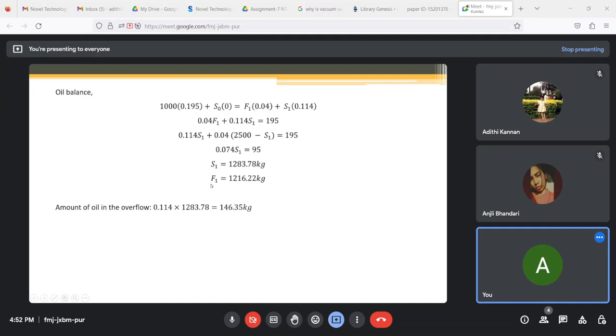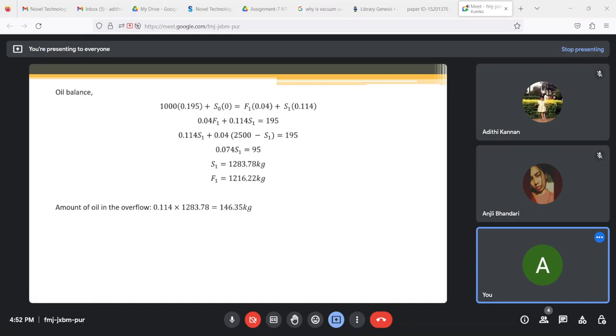So S was your overflow, F was your underflow. And since that had 0.114 amount of solute, 0.114 into S1, that is 1283.78, will give me the total amount of oil in the overflow, which is 146.35. So this is the oil that was extracted from the feed into the hexane.